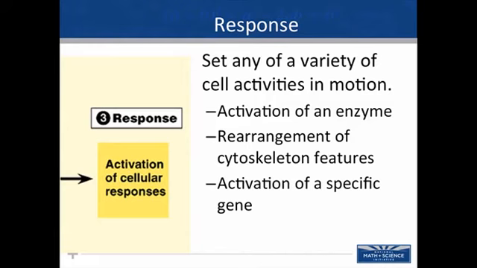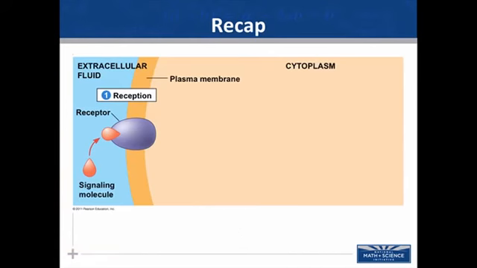Or another type of response that we might see in a cell is that a specific gene gets activated and begins the process of transcription. So there are lots of responses that cells can have depending on the particular pathway that's being followed.